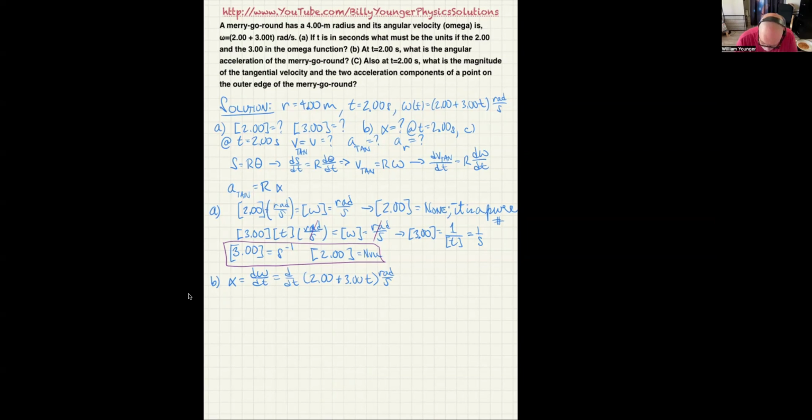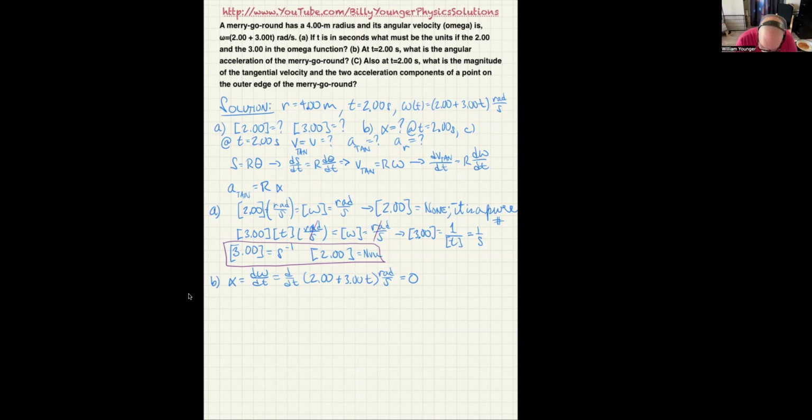If you actually distributed that radian per second, you'd be taking the derivative of 2.00 radians per second for the first term, and that's 0. So the derivative for that part is going to be equal to 0. But we also have 3.00 t radians per second. So the derivative of 3.00 t with respect to time is just 3.00.